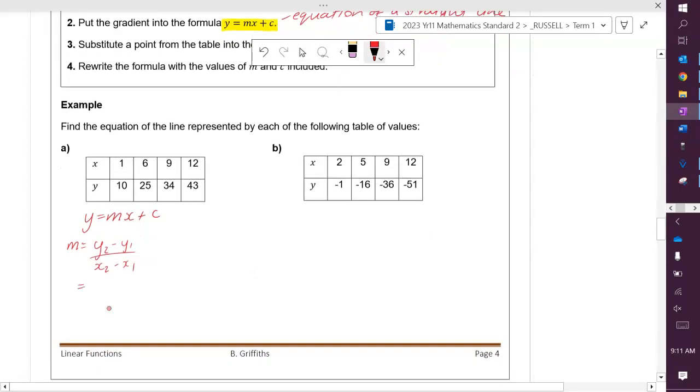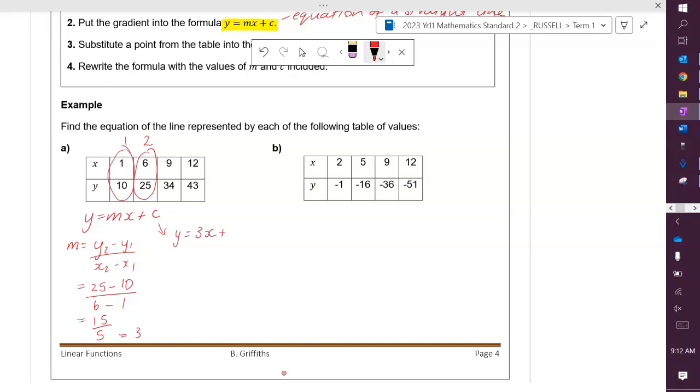So if we pick a set of values, this can be my first set of values, so this is 2, this is 1. My second y is 25, my first y is 10, my second x is 6, and my first x is 1, so that gives us 15 over 5, which is 3. So if we're using this formula, my gradient, which is m, becomes 3.